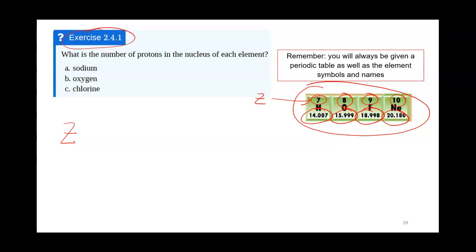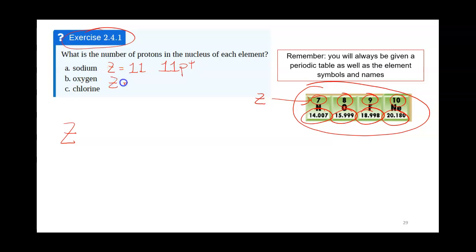So for sodium, if I go to my periodic table, or I go to the table that I showed you previously, I see that the atomic number is 11. So that means that sodium has 11 protons in its nucleus.